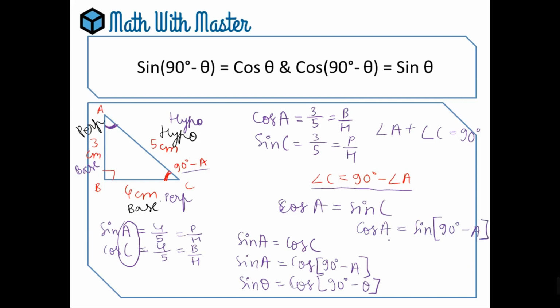Okay? So cos A is equal to sin 90 degrees minus A. So this is the formula. If we take angle A as theta, then cos theta is equal to sin 90 degrees minus theta. Hope you have understood it.